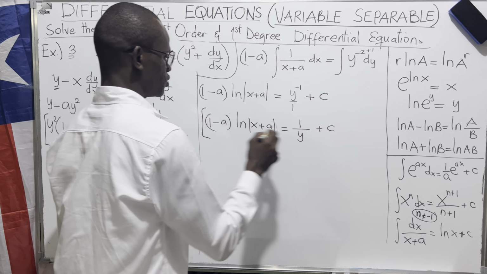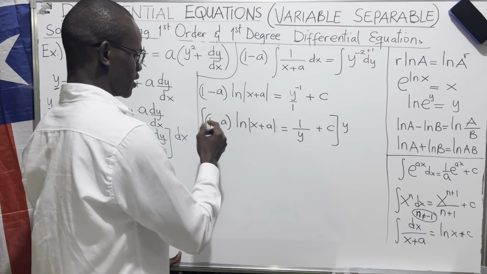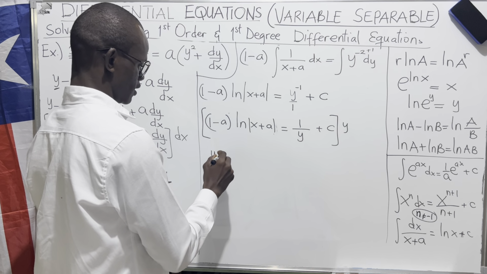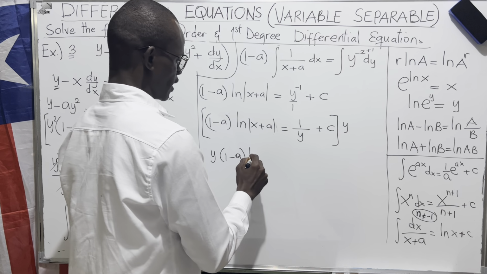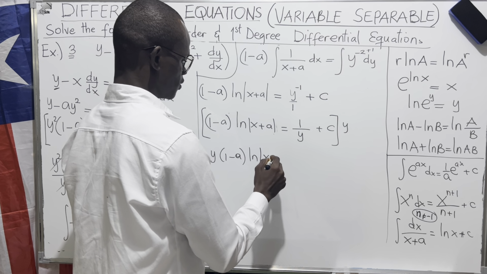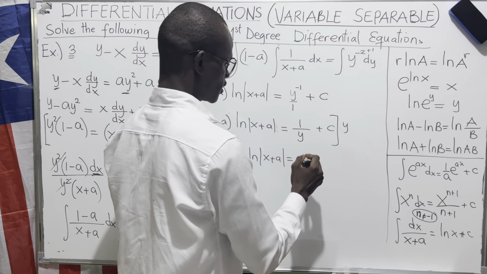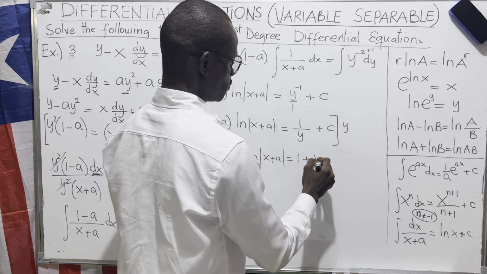Let's multiply this whole thing by y. We will get y times 1 minus a ln of x plus a equals 1 plus cy.